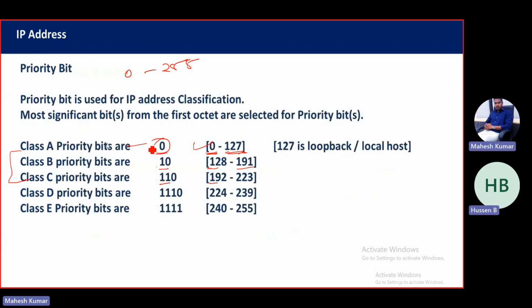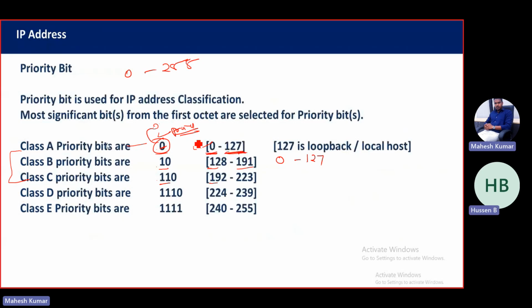Because our starting bit is from 0 to 127. This is called the priority bit. The first bit is the 0, so in class A we use the 0 as the priority. Here it is 0 to a maximum of 127.